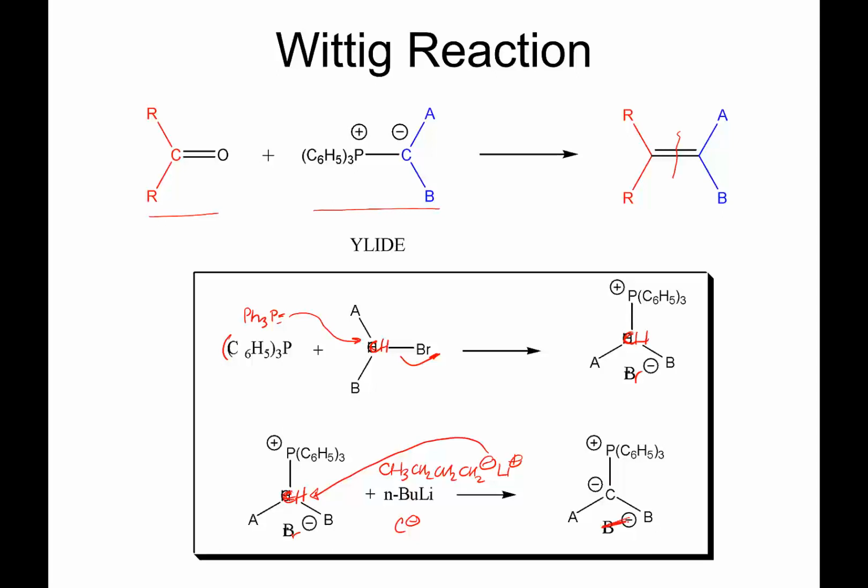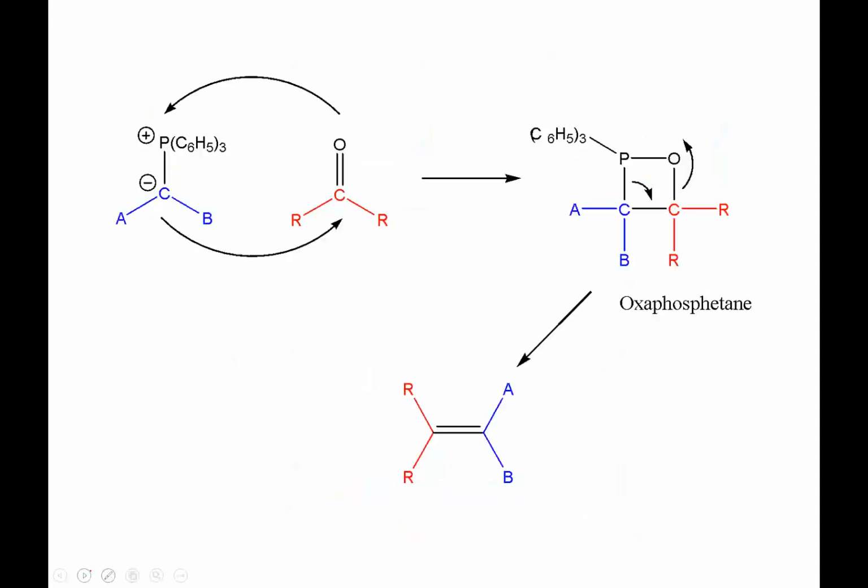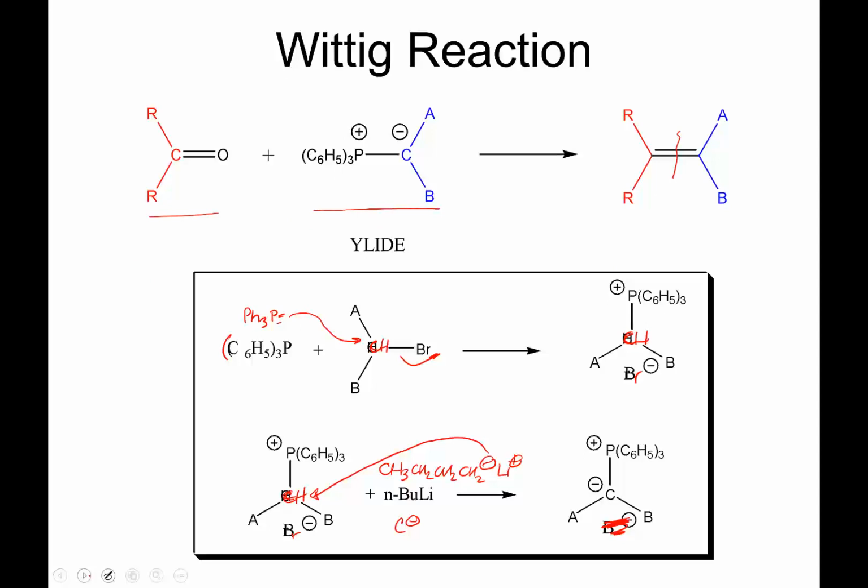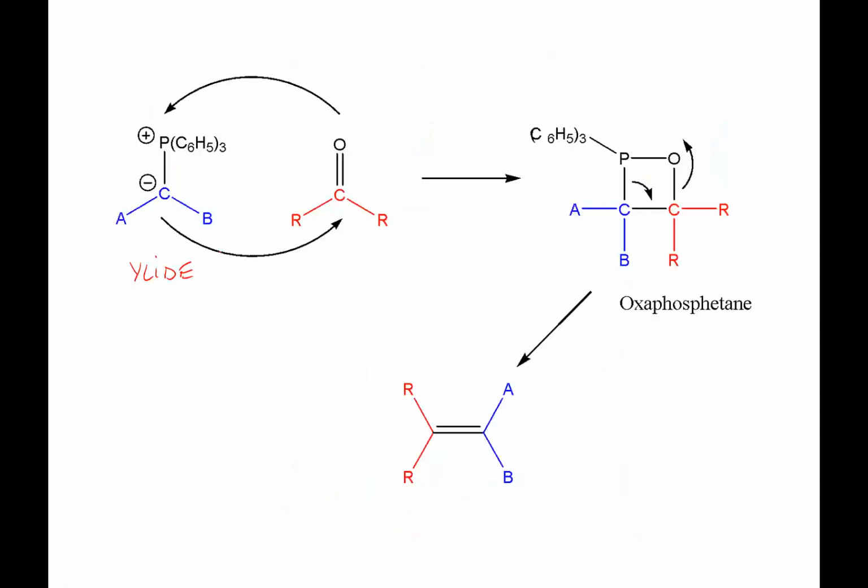And then this bromine should be gone. Then what happens is, and you could probably write the double bond between the carbon and the phosphorus, but then this is what's called the ylide.